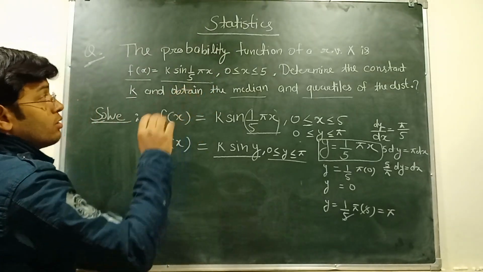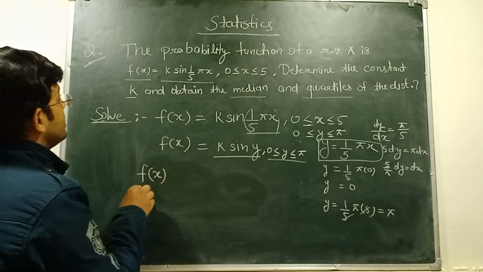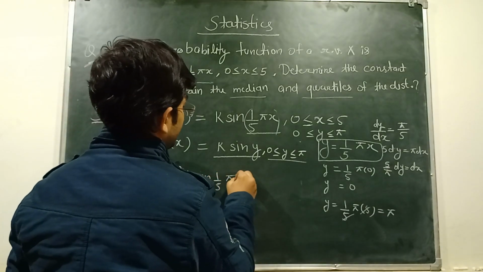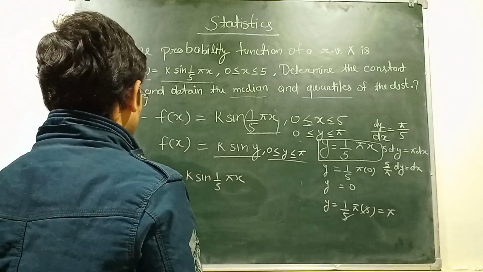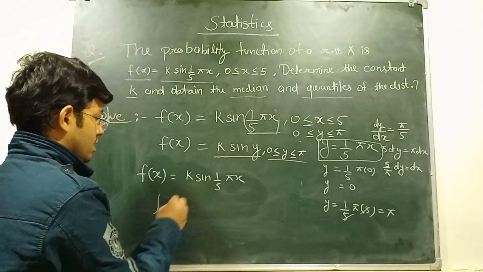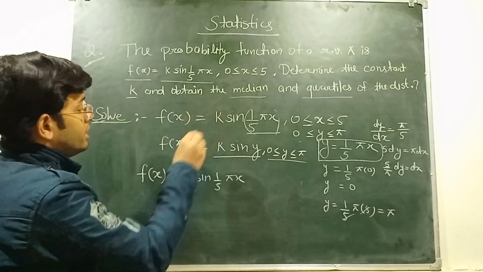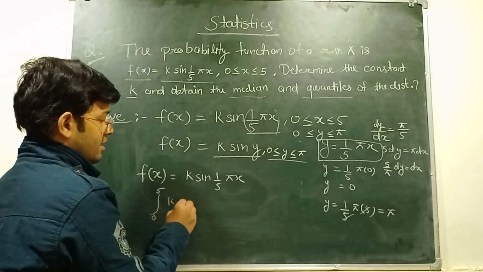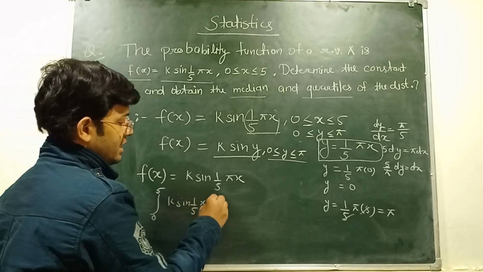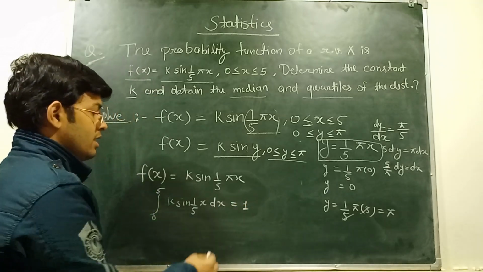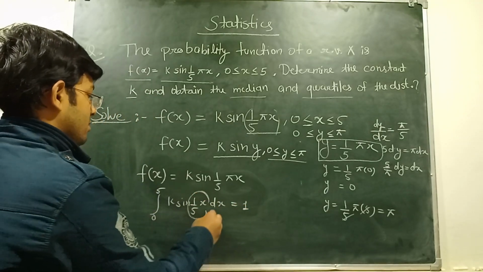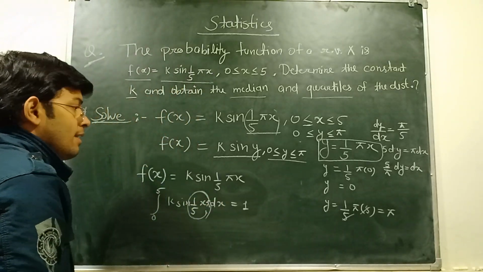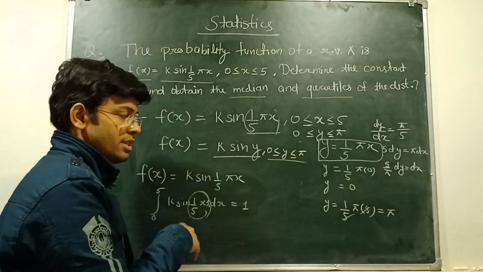First of all, in the question we have f(x) equal to k sin (1/5 πx). Now the limits are 0 to 5, and the integral of k sin (1/5 πx) dx is equal to 1. But this term is not integrable, so we have to change this term into y.